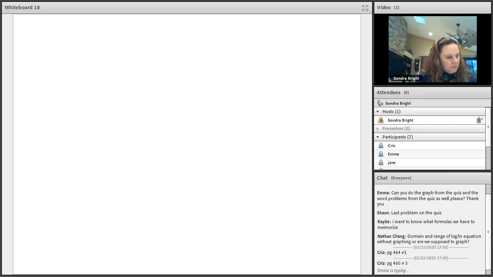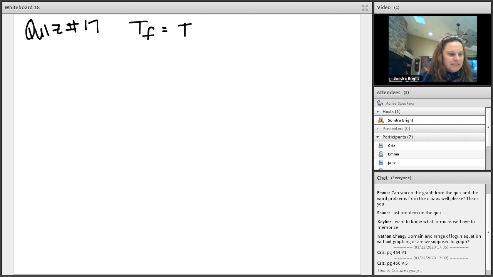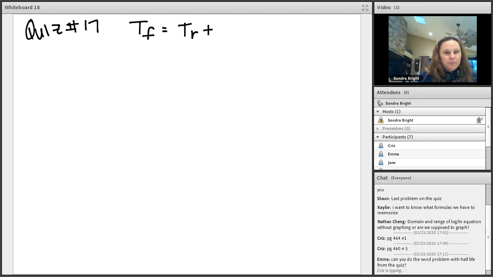Okay, the last problem on the quiz was the Newton's Law of Cooling one. So quiz number 17. And it says, Jackson's walking his dog on a cool 50-degree evening. Newton's law of cooling is that the final temperature is equal to the surrounding temperature plus the initial minus the surrounding times e to the -rt.